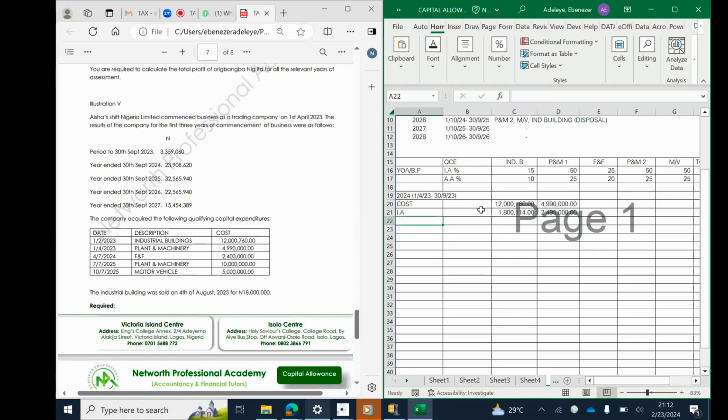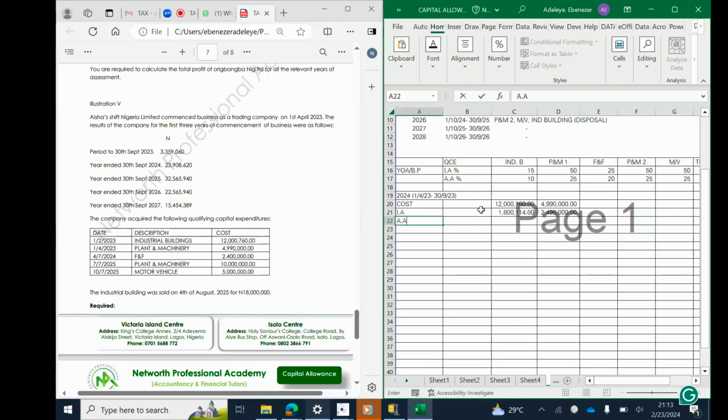Then we have to compute the annual allowance. Now don't forget the annual allowance: you have to prorate. Why do you have to prorate? You have to prorate for the number of months that it was used in that year. For these ones, it is a little bit dicey because they were the first.